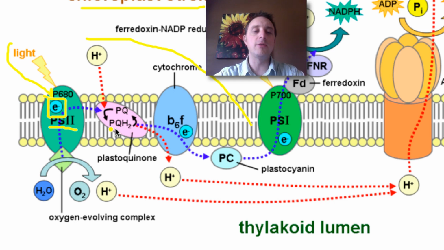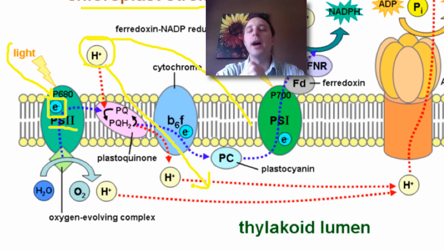These electron transport proteins also have a second function, in that they are able to pump hydrogen ions against the concentration gradient. Hydrogen ions are being pumped into the thylakoid inner space, the lumen it's called.